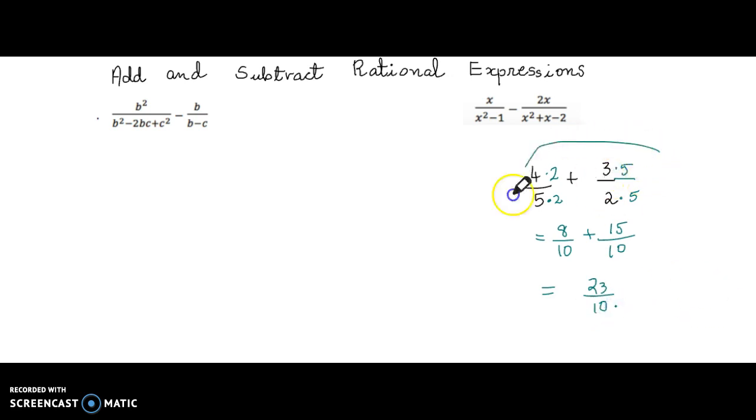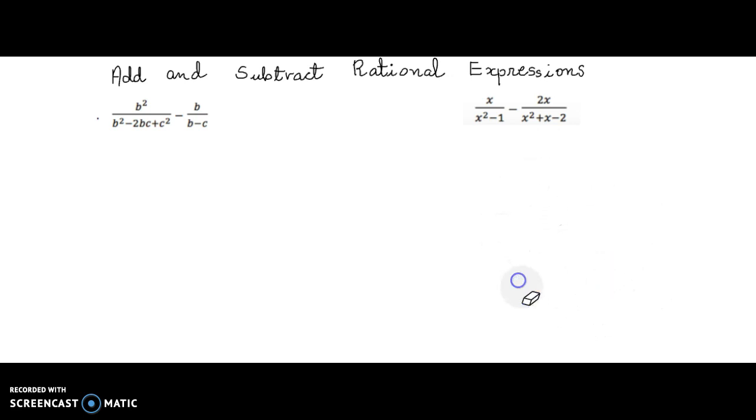So this is the idea of what we have to do when we have different denominators. We have to multiply by the missing factor, whatever factor we need, in order to make them equal. We've got to do what it takes. This is the same idea we have to use in rational expressions.